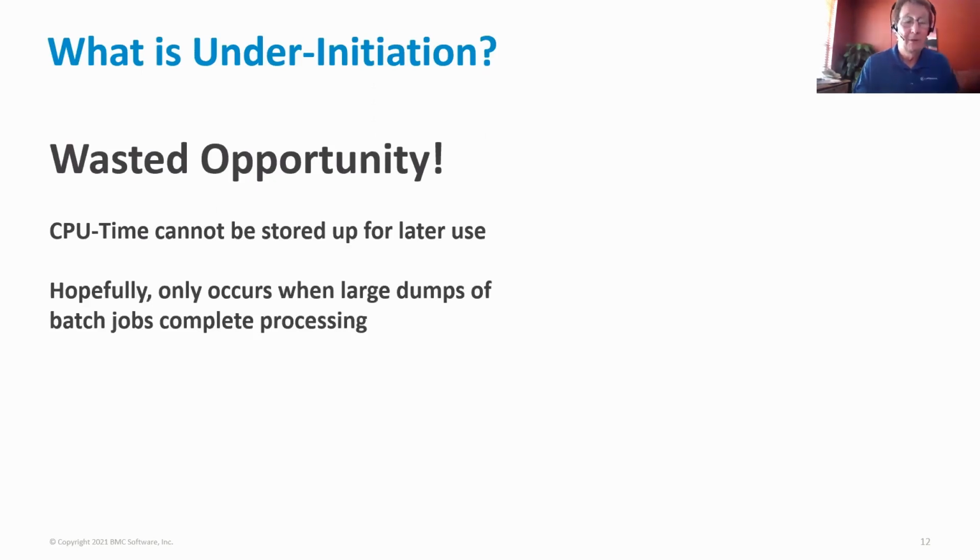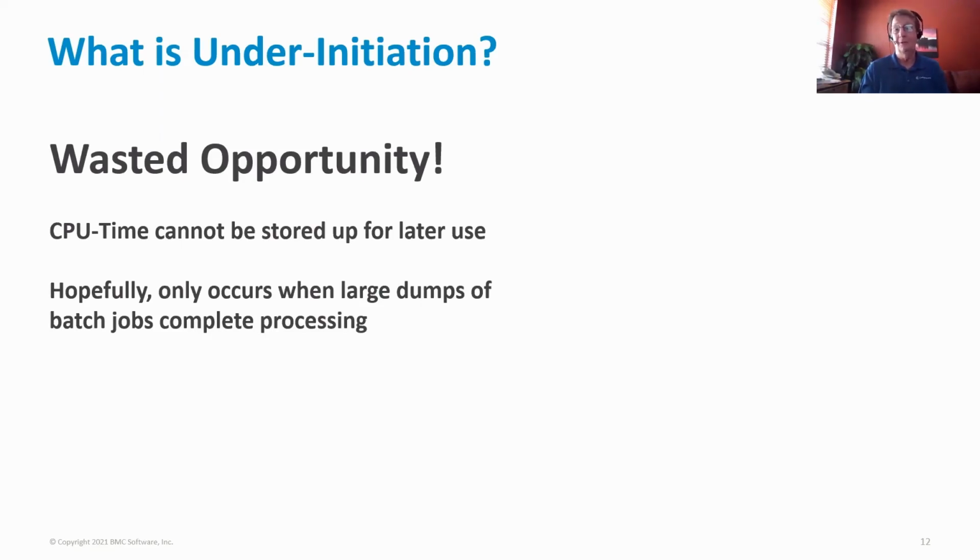So you hope it only occurs at times when large dumps of batch jobs finish processing. A lot of scheduling practices might at the top of the hour just drop a ton of work into the queue. And so you'll see a period of over initiation and then toward the end, a period of under initiation where the work is processing off and you get into a good place for a while.